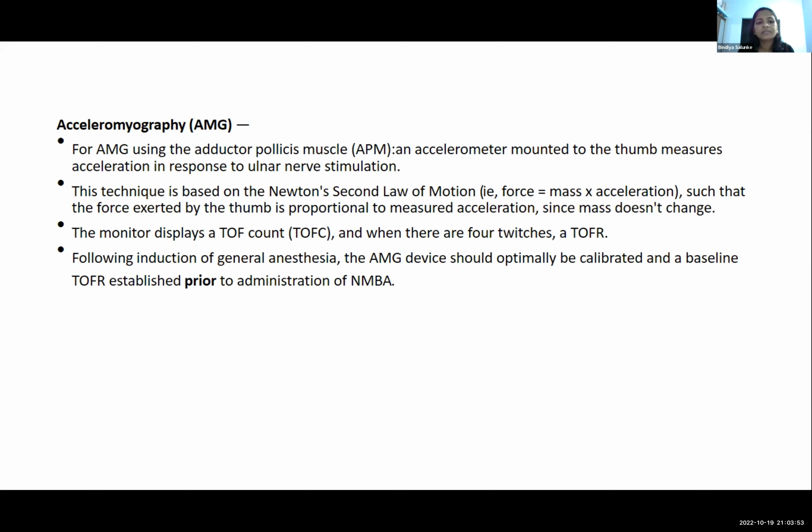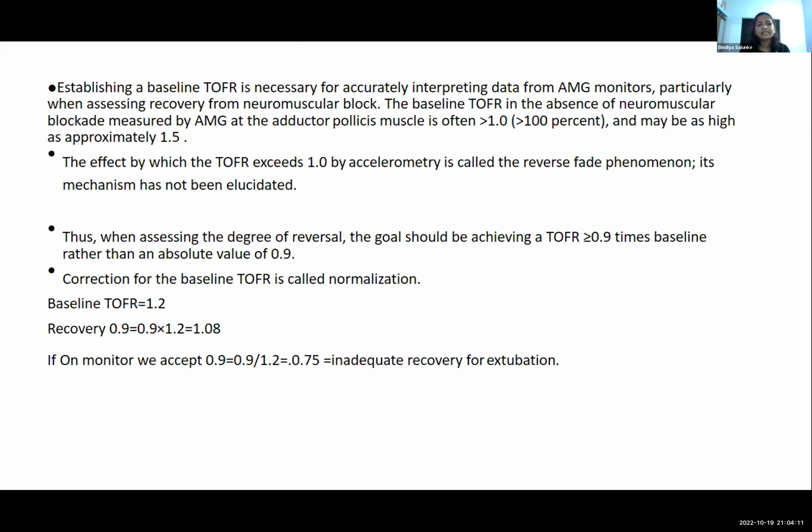The monitor displays the train-of-four count, and when more than 4 twitches are present, it also displays the train-of-four ratio. Following induction of general anesthesia, the AMG device should optimally be calibrated and the baseline train-of-four ratio established prior to administration of the neuromuscular blocking agent. Why? Because establishing the baseline train-of-four ratio is necessary for accurately interpreting the data of AMG, particularly when assessing the recovery from the neuromuscular block.